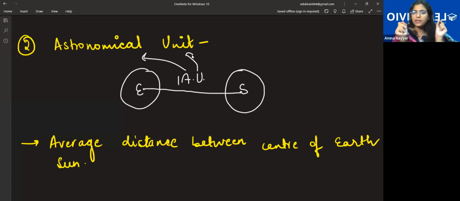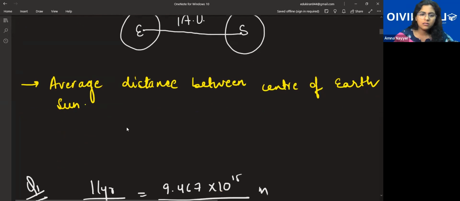It's the average distance between the center of the sun and the earth. Again, for this value, you do not have to perform any calculations. Just remember it as it is. So 1 AU is 1.496 into 10 to the power 11 meters.